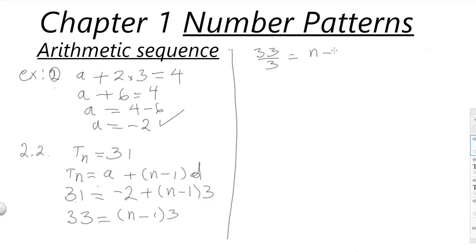We have 11 equal to n minus 1. When you transpose, this will be plus, so n is 12. So T12 equal to 31. The 12th term is equal to 31. So they ask us which term this is. Now let's move to the next question.